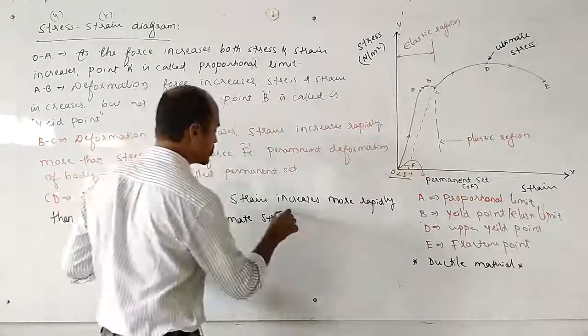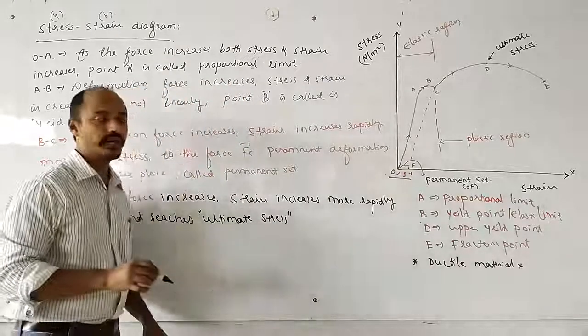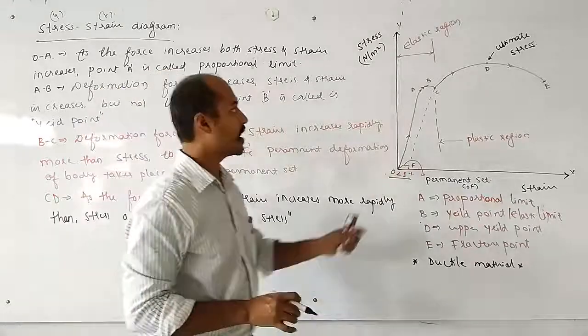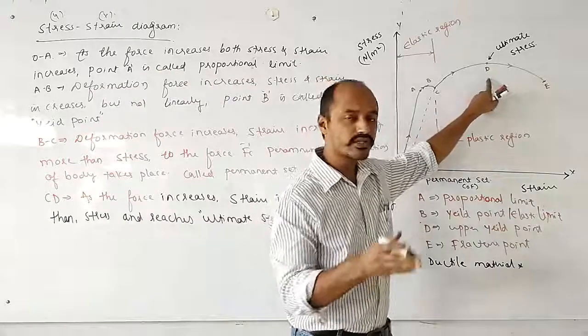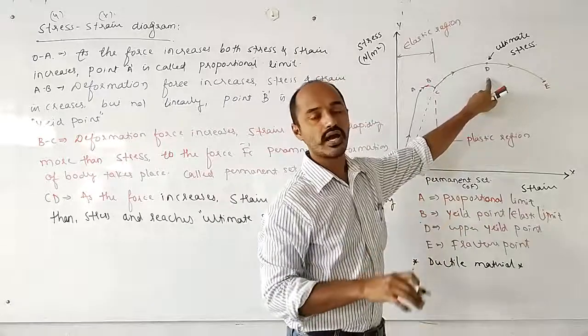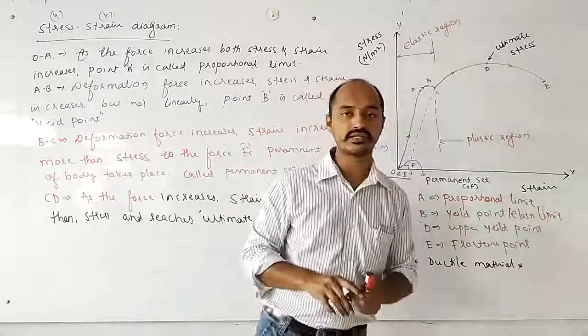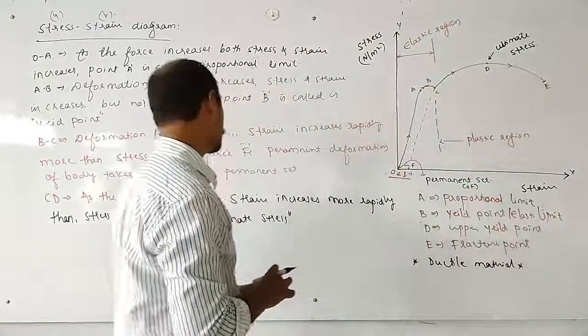So what is ultimate stress? Ultimate stress is the stress obtained when maximum force is applied. I can say that when the body starts breaking, that force is called ultimate strength, or I can say ultimate stress.